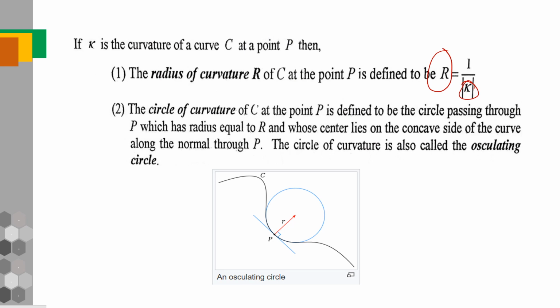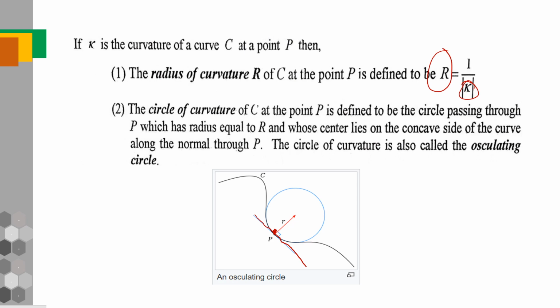Kung nandito yung point P natin, ibig sabihin ito yung tangent line natin na nagpa-pass sa ating point P, no? So yung radius ng ating curvature is actually a normal line.